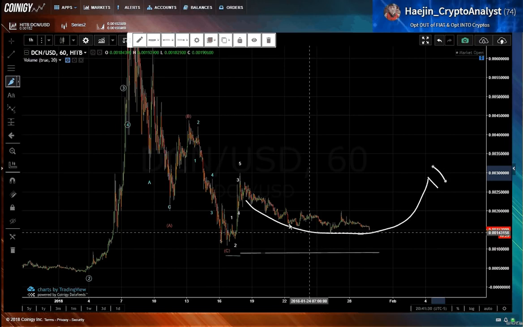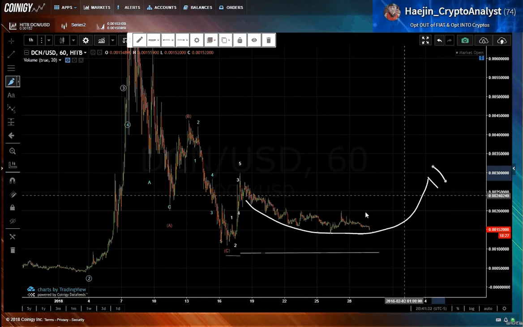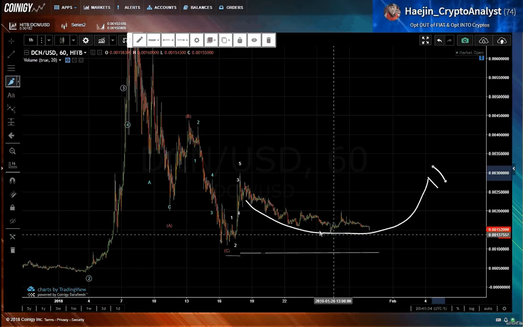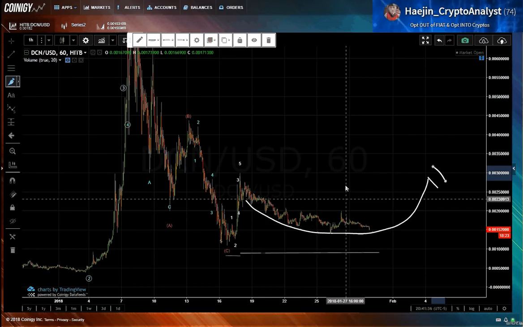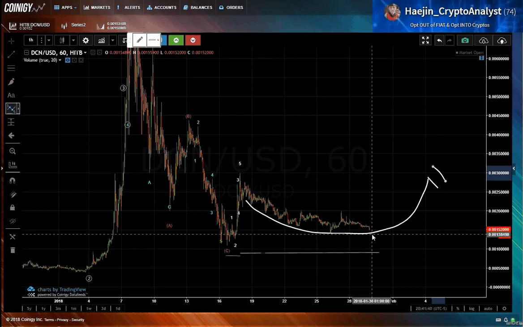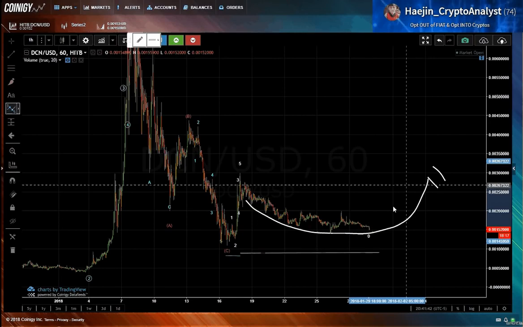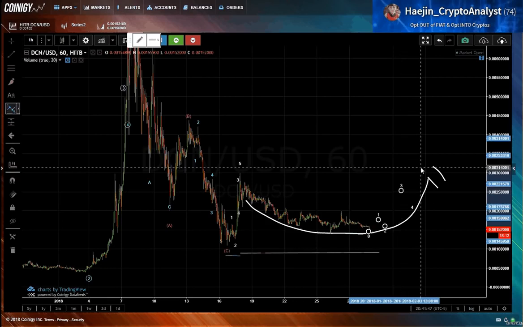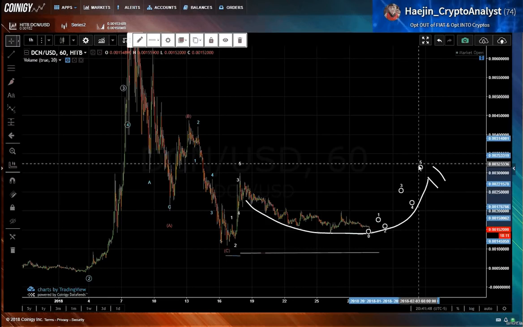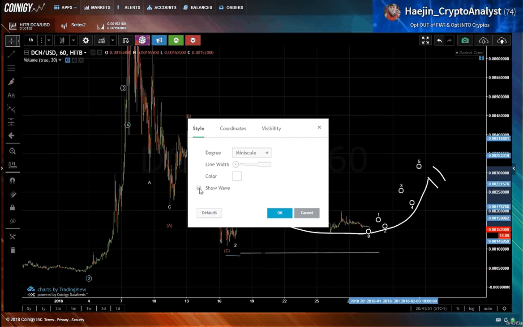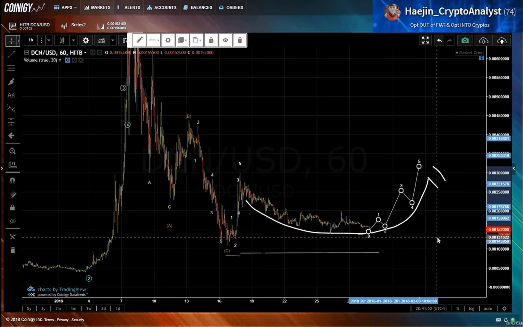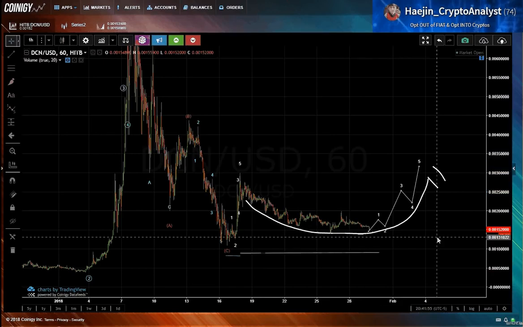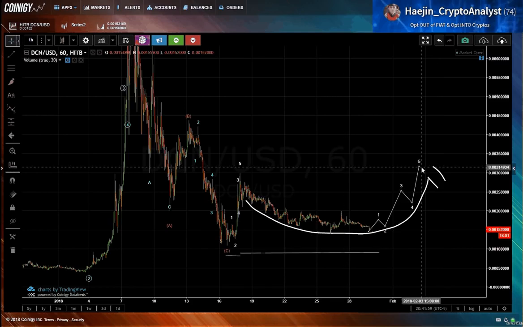And that'll give the impetus. So that means if we already passed the midpoint of this cup, sooner or later you need to see an impulse. 1, 2, 3, 4, 5. Another impulse, if this is the pattern that's going to take.